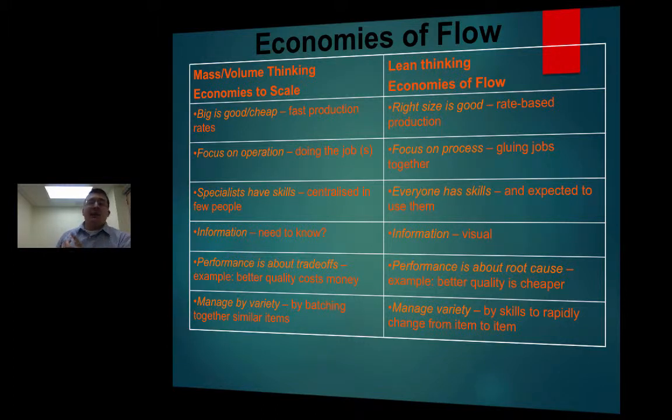With lean thinking, it really begins a shift of thinking. It looks to the right size, making sure that what we have is scaled to fit us. Also, it focuses on the actual processes and how we look to glue things together, how we look to make things a lot more standardized, with fewer steps, versus just saying, okay, here's a task we need to do, let's do it.